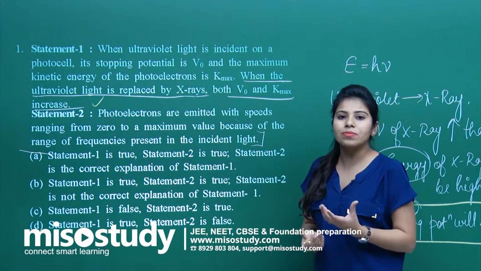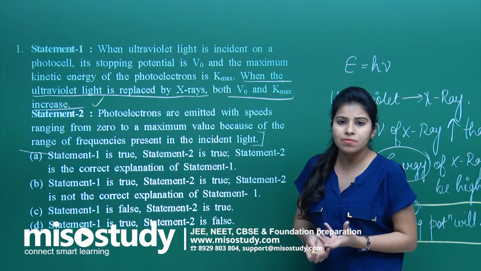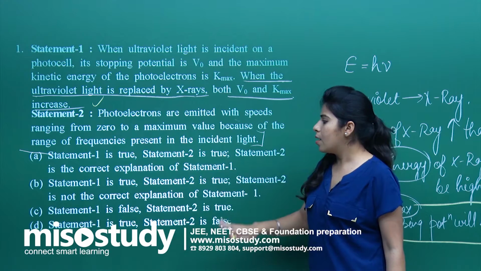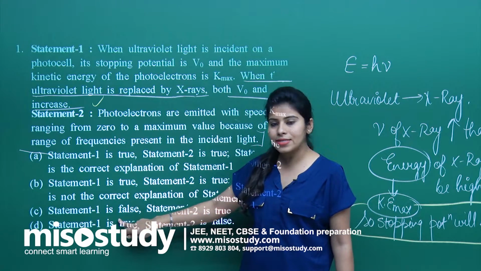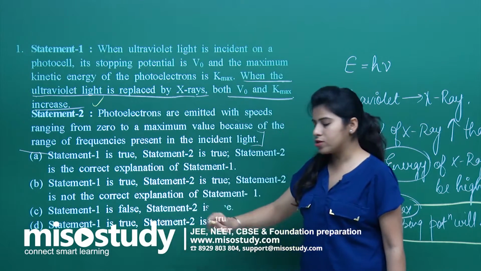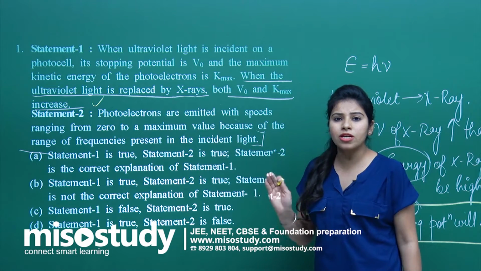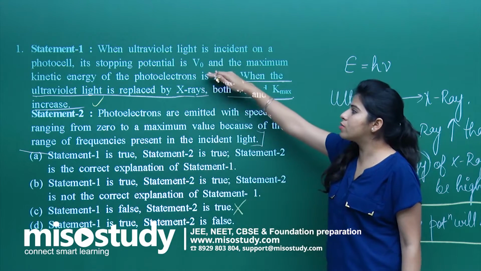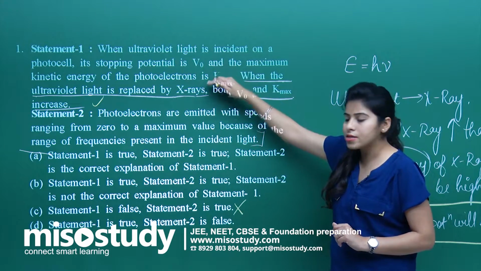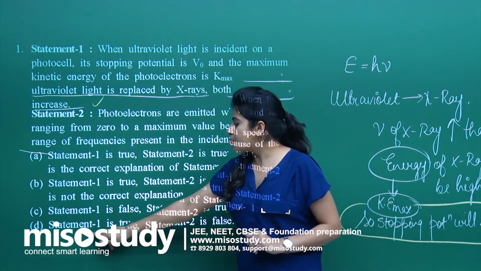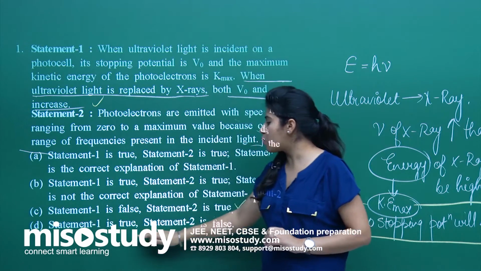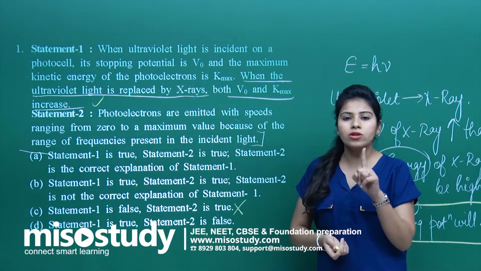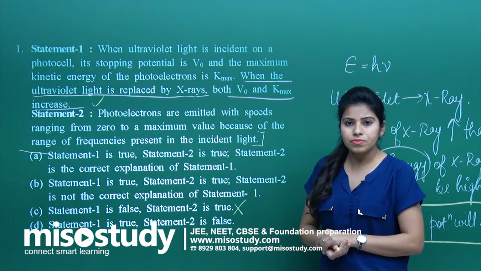I know that statement 1 is true, but I don't know about statement 2, so again I will not touch this option. But in option C, statement 1 is false, so this option must be incorrect. I can totally ignore it because I know that this statement is correct. Now, in this option, statement 1 is true and statement 2 is false. I have ignored one option from my question.